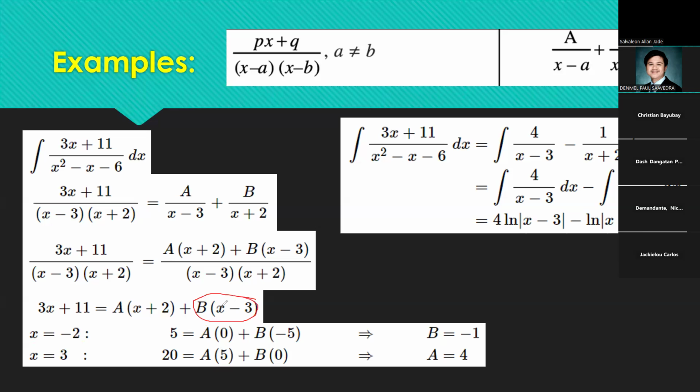Just assume a value of 3, that would give us 3 minus 3, which is now 0, and then 0 times B is now, of course, 0, retaining the value of your A. So 3 plus 2 is 5. 3 times 3 for this one is 9, plus 11 is 20. So that would give us A is equal to 20 over 5, or simply A is equal to 4.